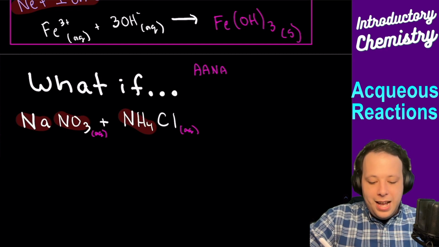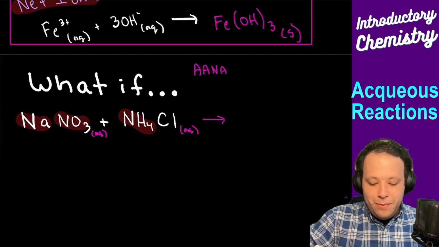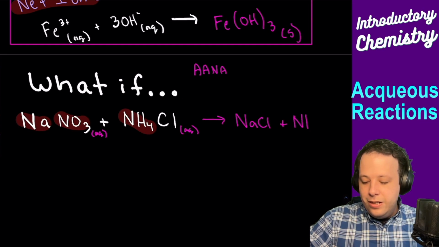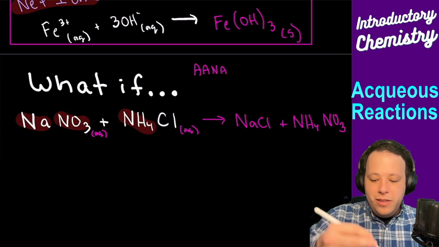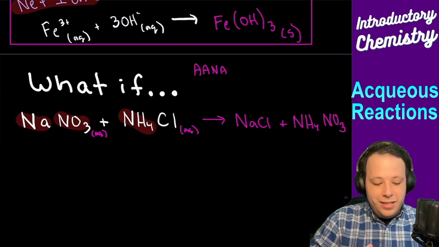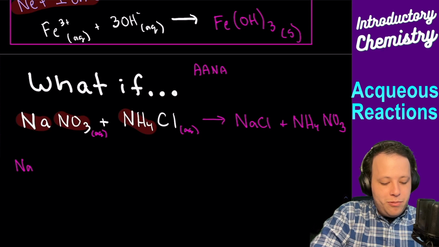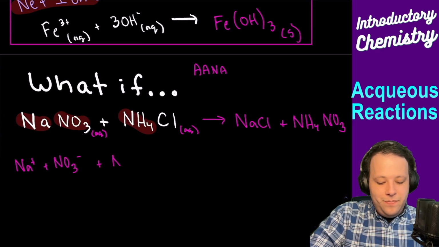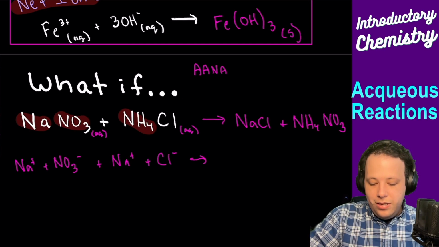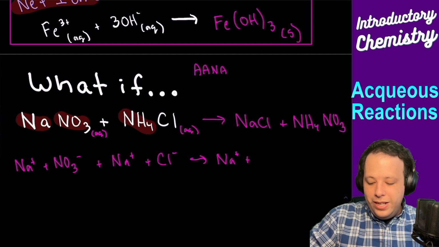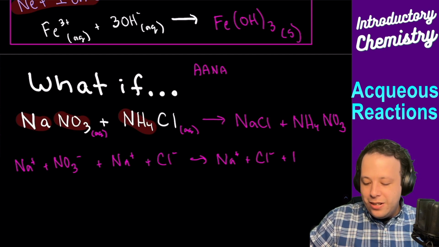If this is to happen, where both of the products are completely soluble, and this breaks down into all of its ions, when we write the ionic equation, what is the answer in terms of this reaction?